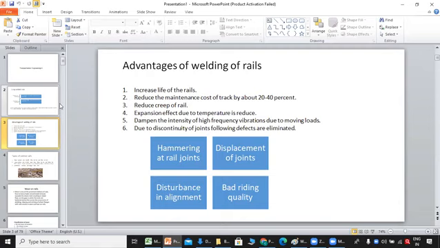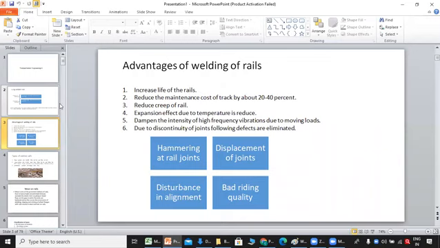The third one is reduced creep of rail. Creep is nothing but the longitudinal movement of rail. In the next slide we will discuss creep, but here, creep is the longitudinal movement of rail, and there are several reasons for it. This is one of the advantages of welding of rail: if we weld rail in the proper section and in the proper way, then definitely we reduce the creep of rail.